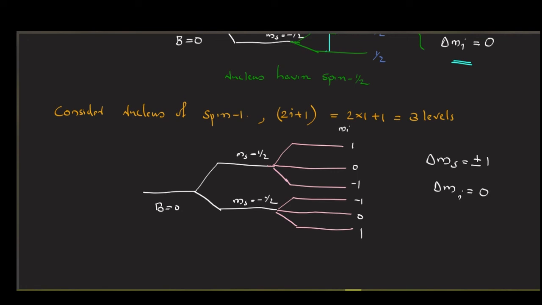So, the first transition is from 1 to 1, which should be a straight line, then the second one is 0 to 0, and the third one is from minus 1 to minus 1.